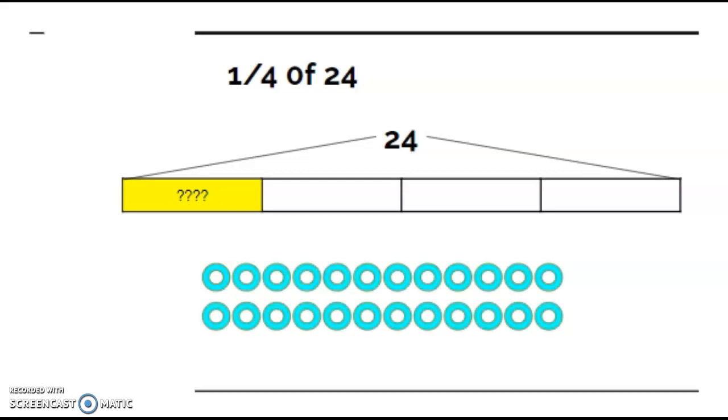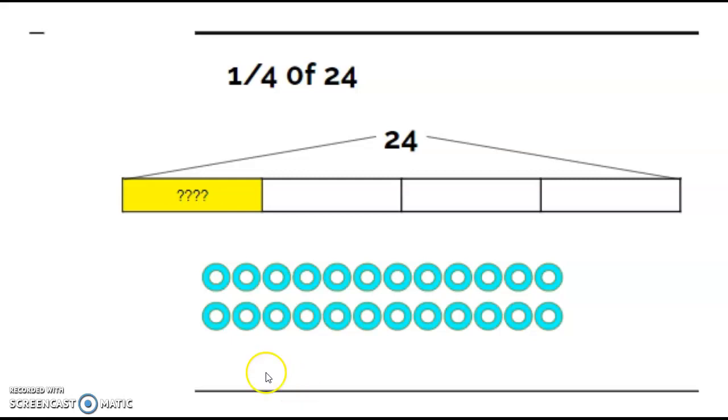So I'm going to bring in my brother in this case. My brother can eat a lot of donuts. Let's say he ate 1/4 of the 24 donuts that I bought. Now, you're not going to have a piece of a donut left over in this case. He's going to eat entire donuts.